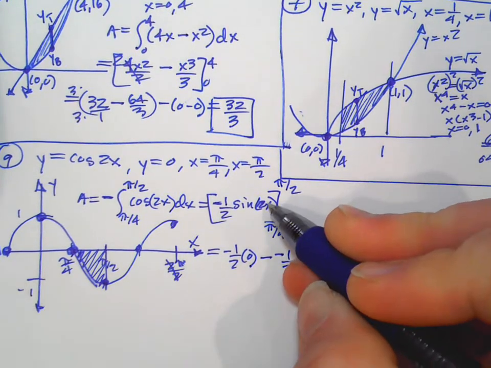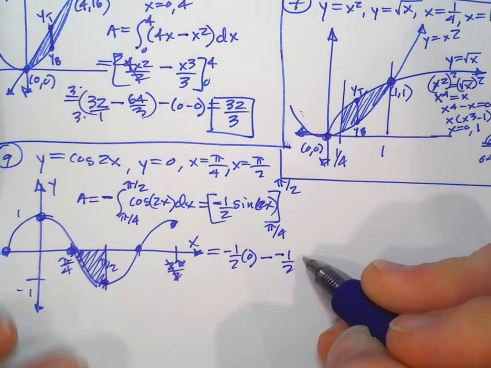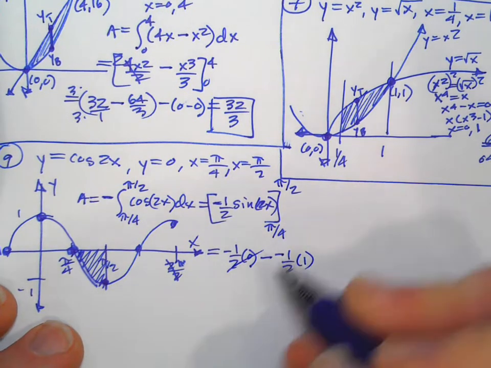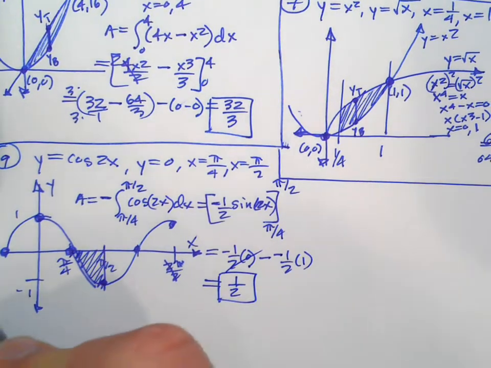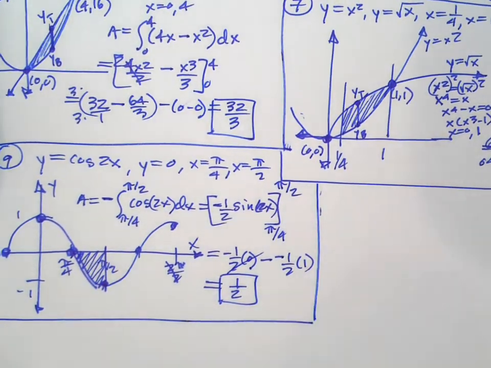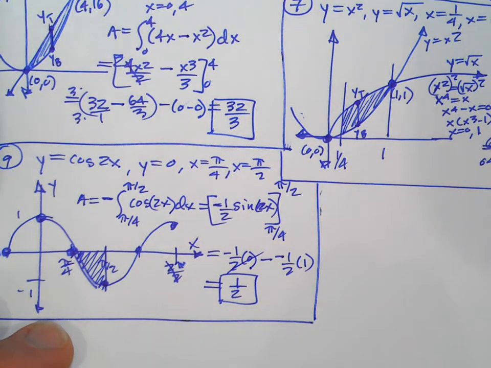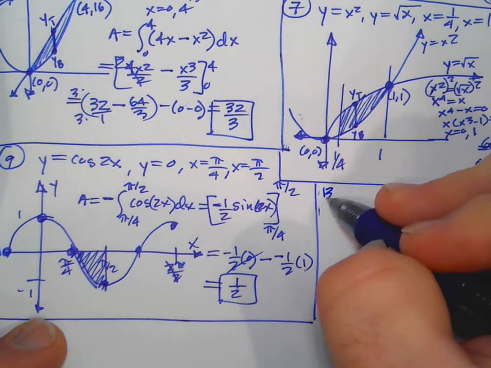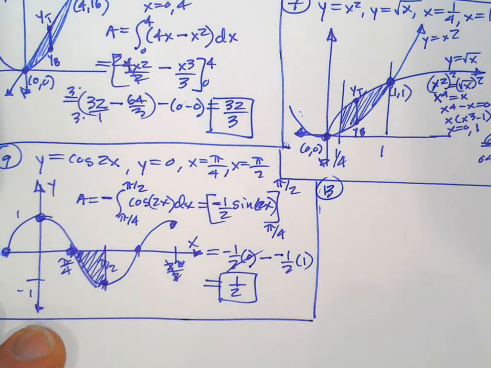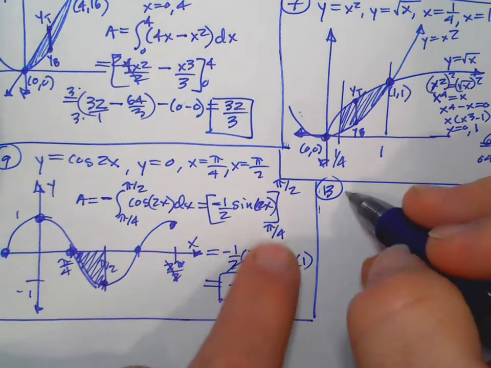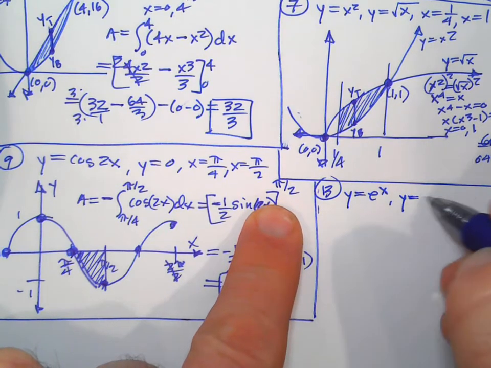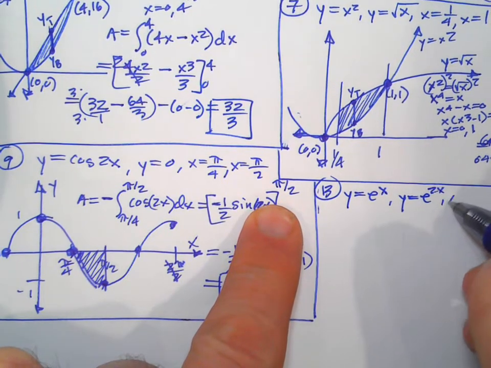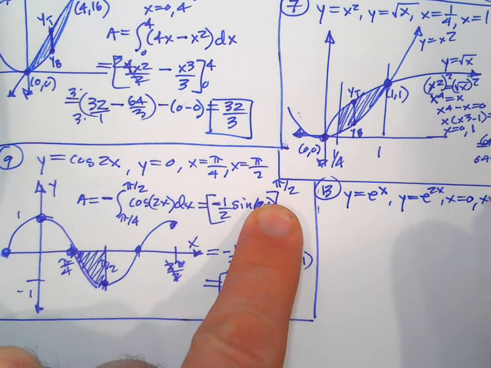Sine of pi over 2 is 1. So the answer is 1/2. There we go. All right, 13. y equals e to the x, y equals e to the 2x, x equals 0, and x equals the natural log of 2.